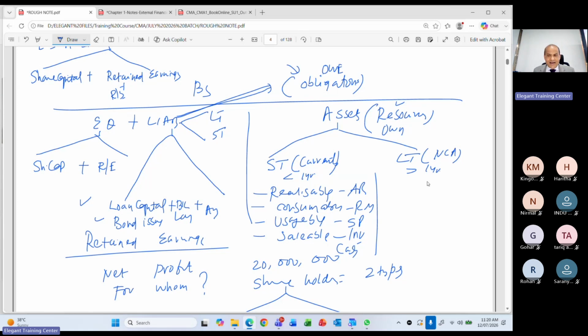Now non-current assets. Non-current assets can also be two types. What are they? Tangible. What do we say? Tangible, we say physical asset. And second, intangible. What is tangible? You can see, touch.